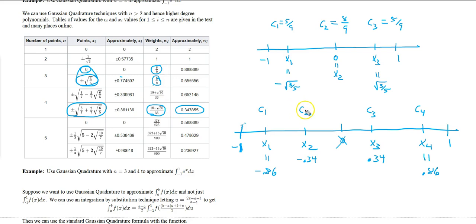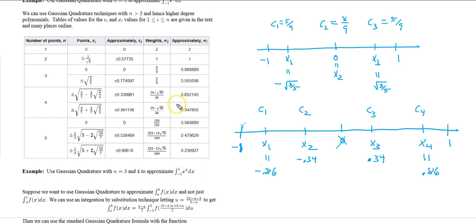And the c2 and c3 are 0.652145, which are approximations to those two values right there. So that's how you read this table as you increase the number of nodes used for this approximation technique.